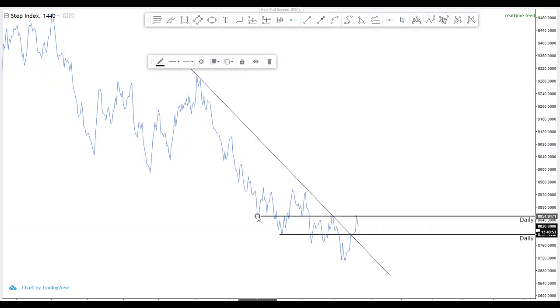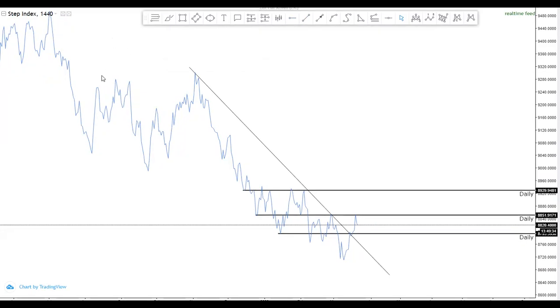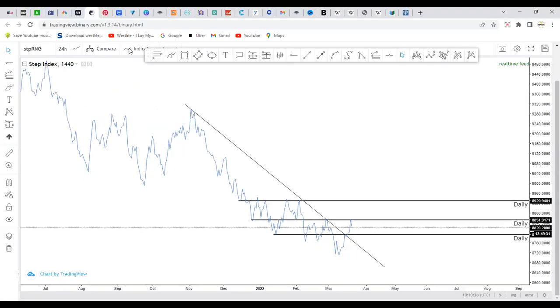Let me just place another one at the top, just above everything like that. Those three levels are more than enough for me to decide and look for the entries that I'm going to take this week.